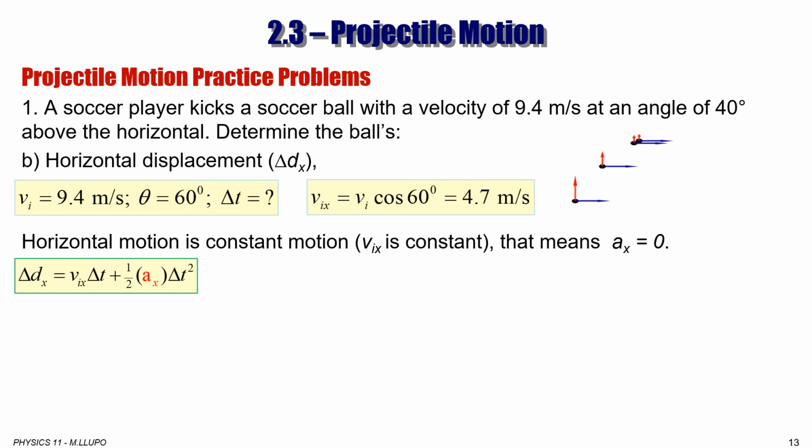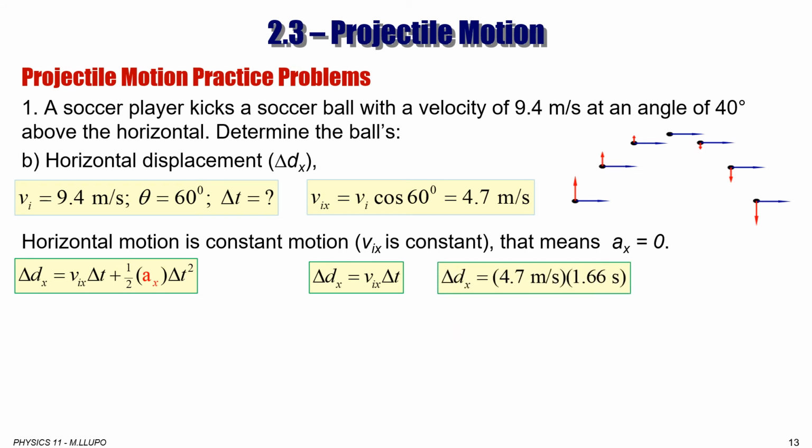However, you don't really need that second component because ax is 0. There is nothing horizontally to make it. So that component is 0, and the next one would be delta dx is equal to v initial x delta t, and if you plug in those numbers, 4.7 meters per second and 1.66 seconds that we already calculated at point A, we get delta x is equal to 7.8 meters.